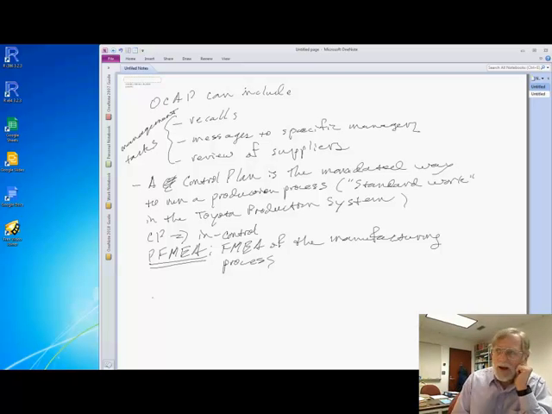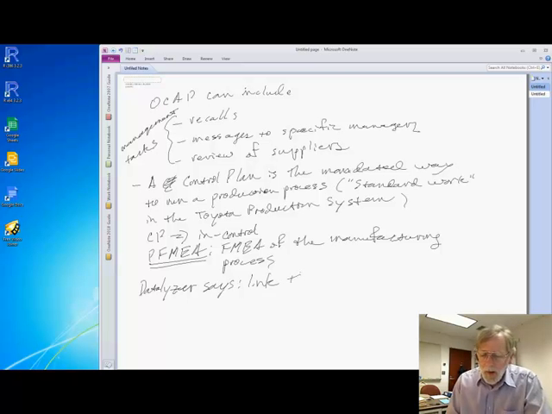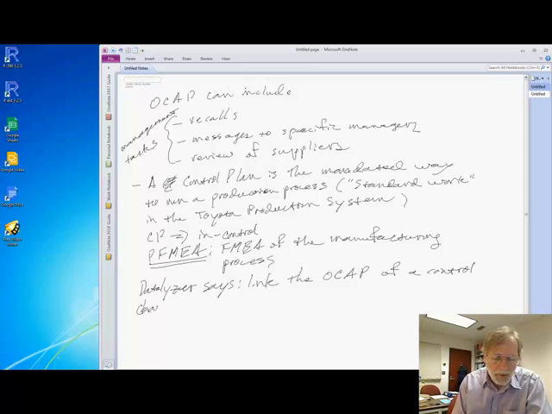So Datalyzer comes along and says, link the out-of-control action plan of a control chart, well, triggered by a control chart, to the process failure modes and effects analysis.